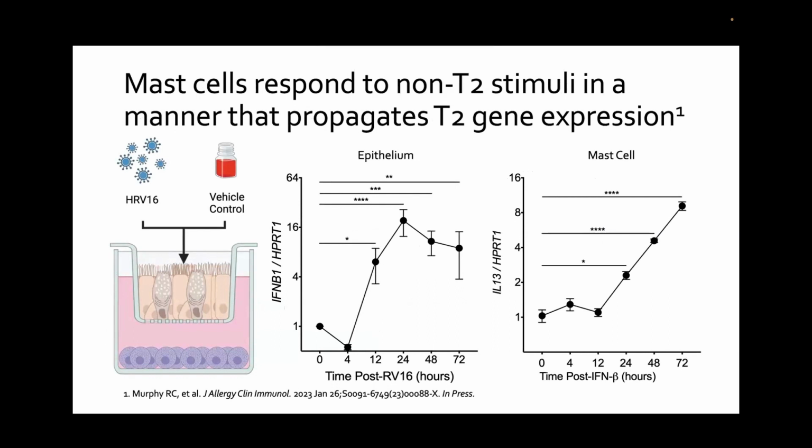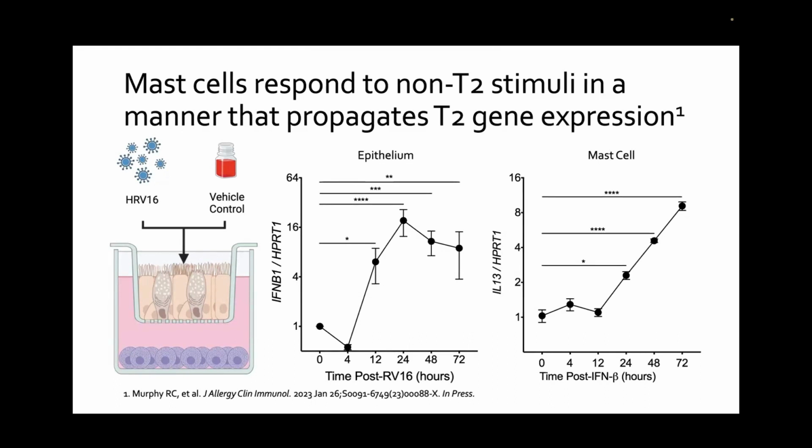An interesting finding from that study is that there is interferon beta 1, a T1 signal, that in mast cells is inducing type 2 signaling, so IL-13 generation. And this actually came from the primary analysis of the asthmatic and non-asthmatic airway epithelial cells.